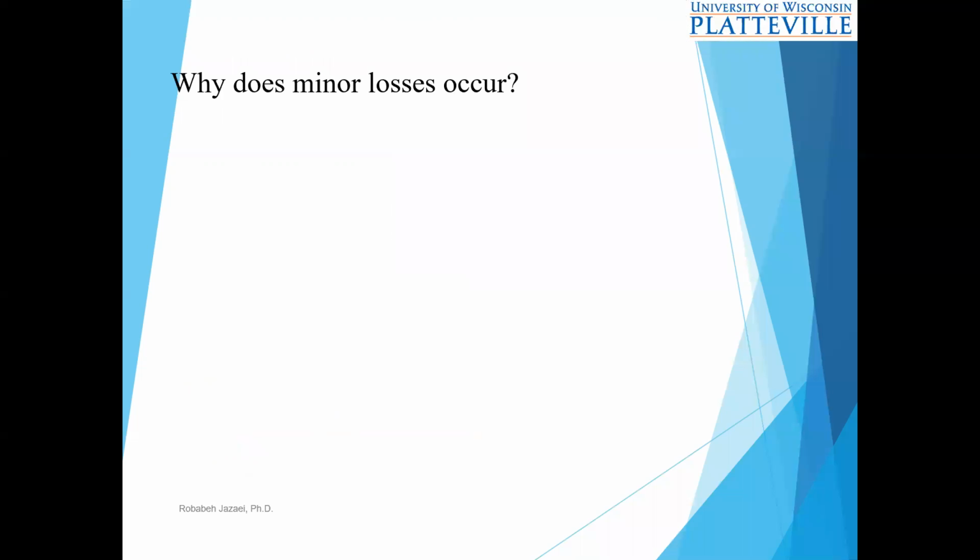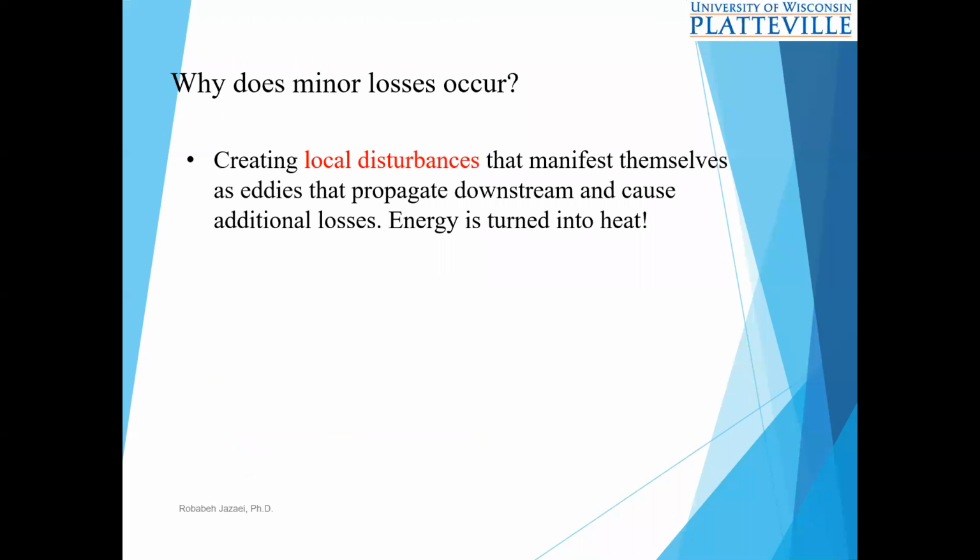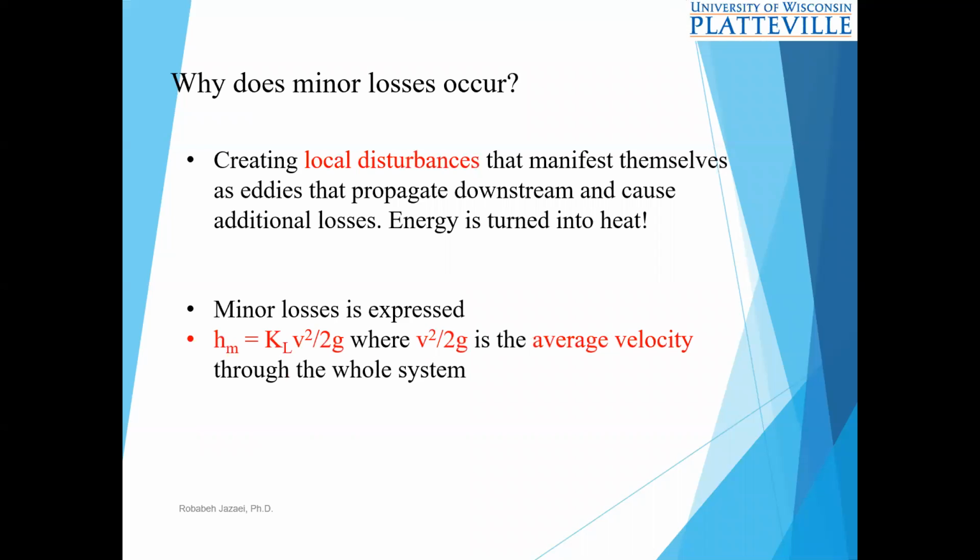All right, so why do minor losses occur? Usually because of creating disturbance inside the piping system and a change in energy. Minor losses are usually expressed based on velocity head. You are familiar with V squared over 2g, and the velocity we use is always the average velocity.